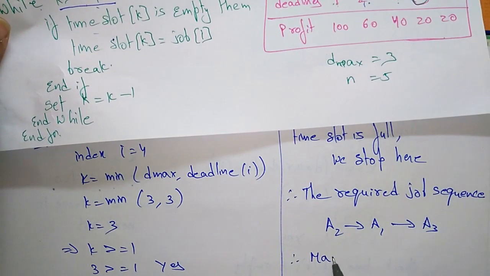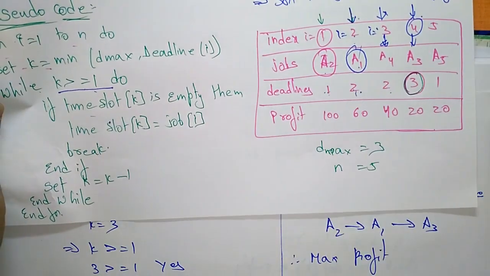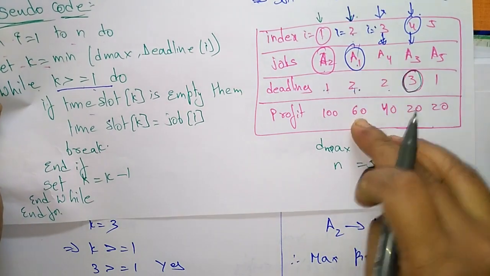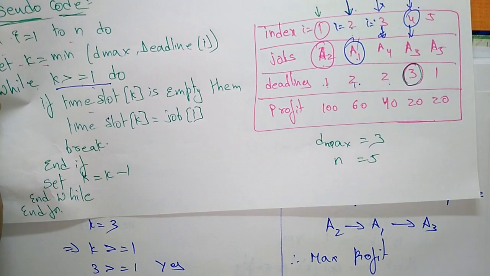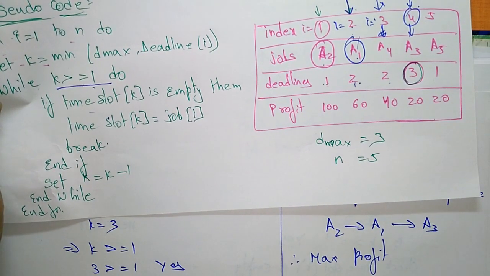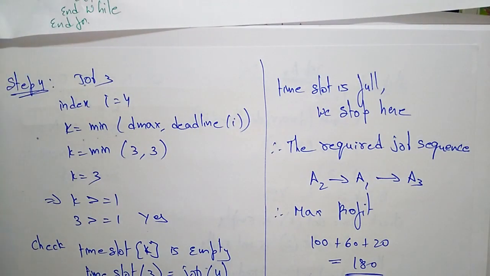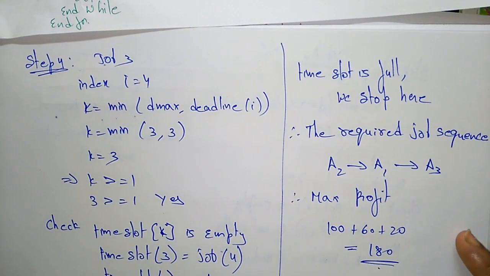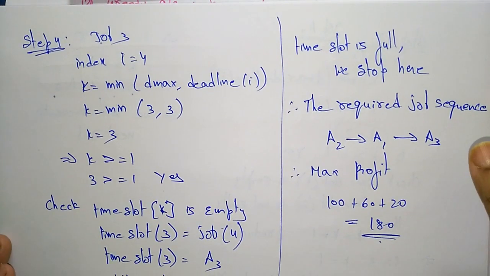A2 is 100 plus A1 60 plus A3 20. So total 180 is the maximum profit that you earn for this job sequence by using the deadlines. So this is about job sequencing with deadline. Thank you.